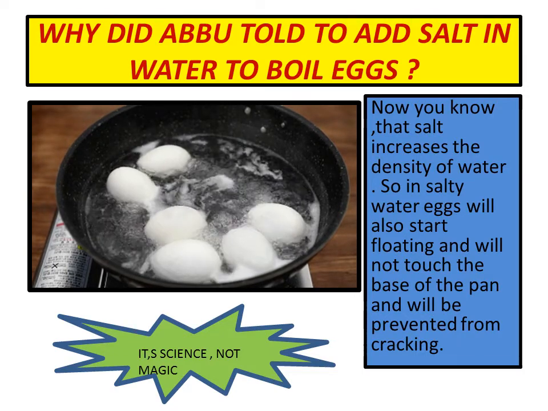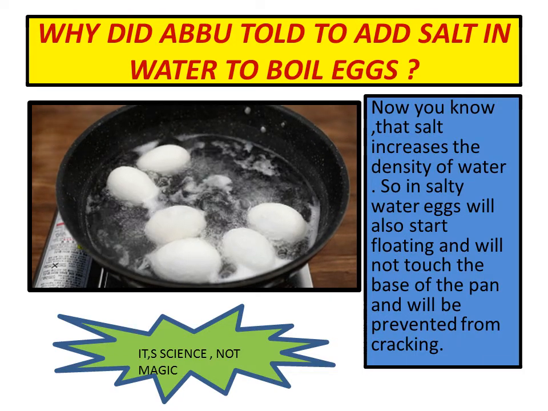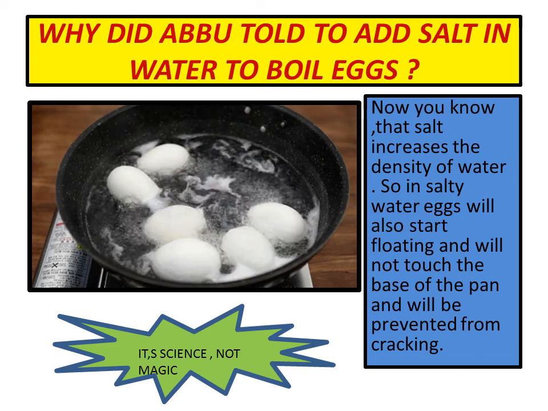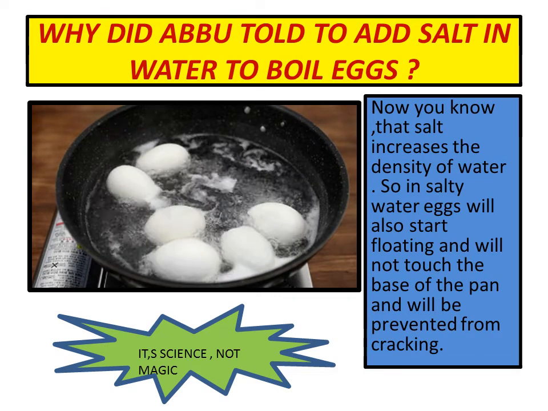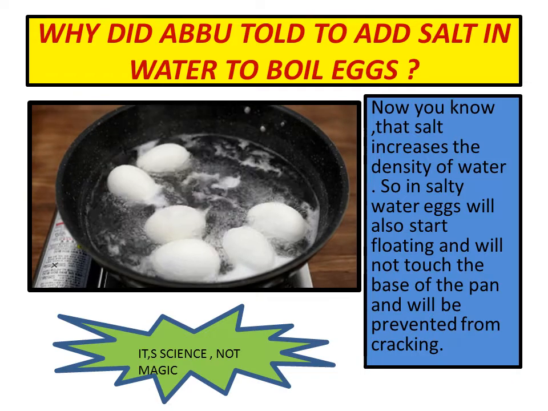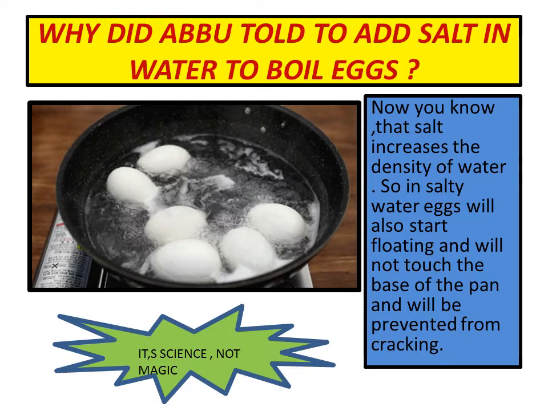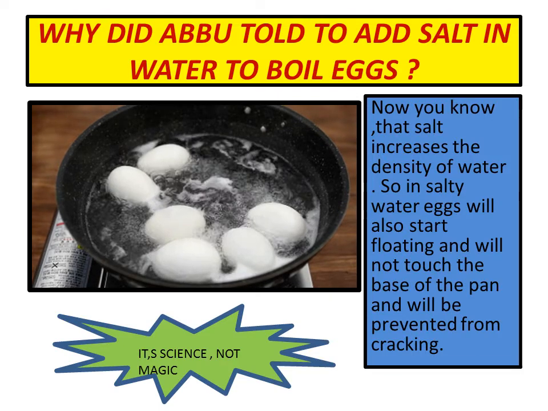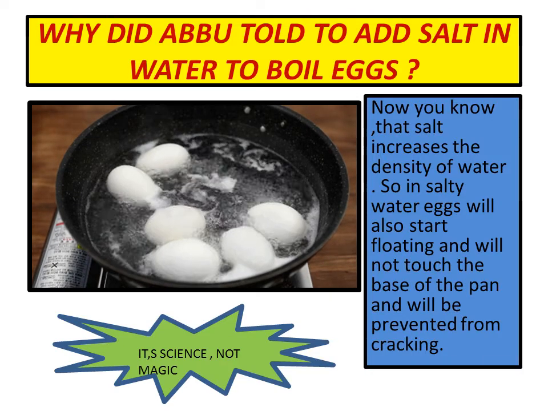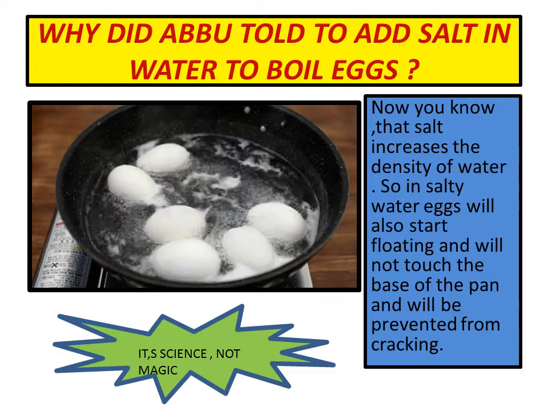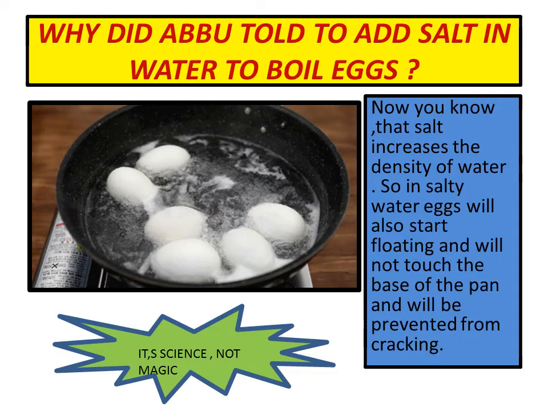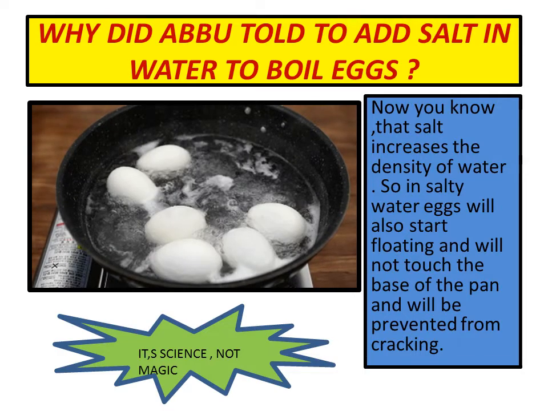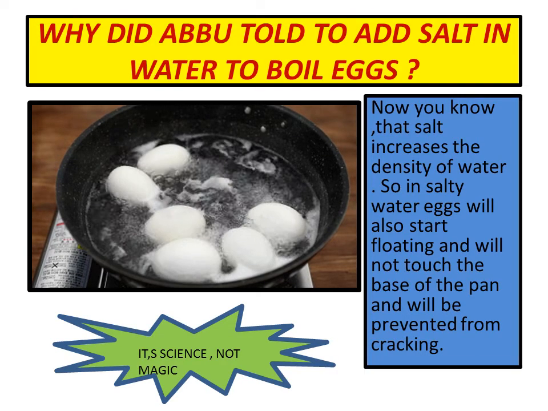In a similar way, the egg will also float in the boiling water. Since it does not hit the base of the pan, the egg is prevented from cracking. So, my dear children, this is science, not magic. But you can say that it is the magic of science.